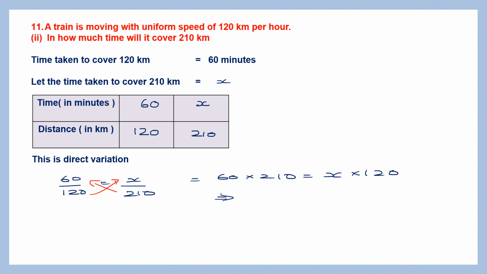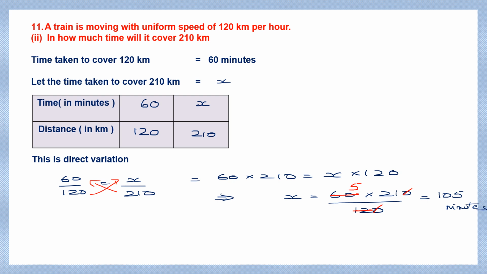So x is equal to 60 into 210 divided by 120. So let's cancel the zeros, and 6 and 12 we can also cancel. 12 5s are 60. Now 5 into 21, and that is 105. Now this is 105 minutes.